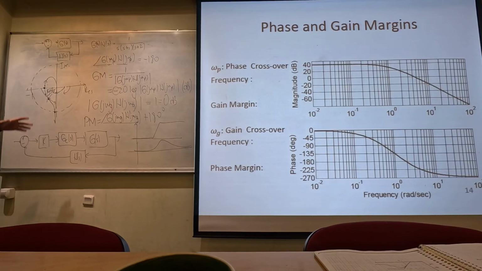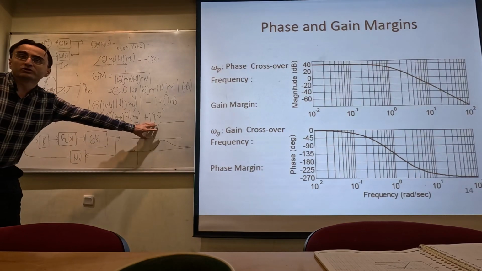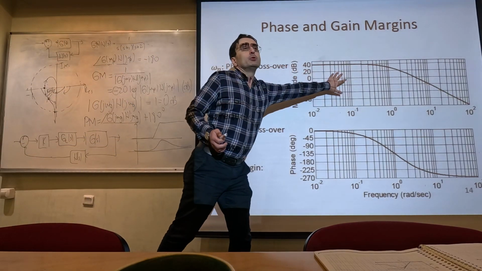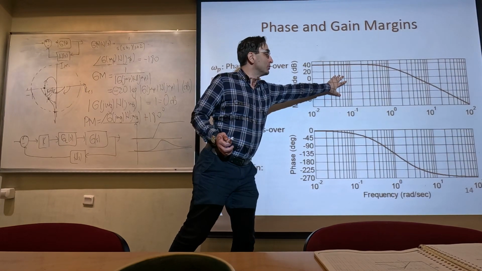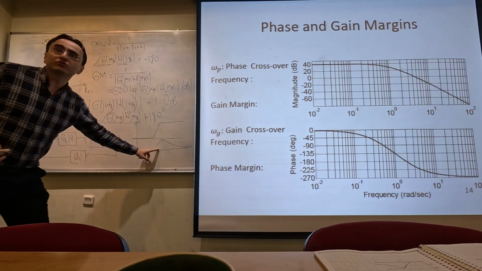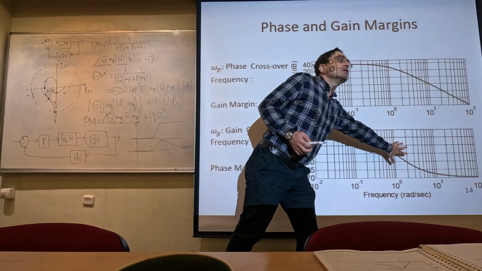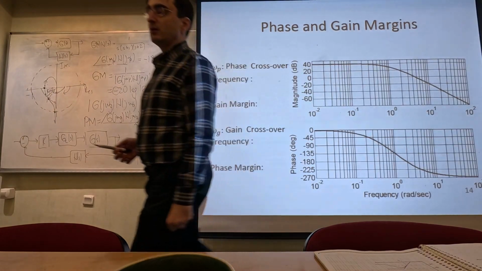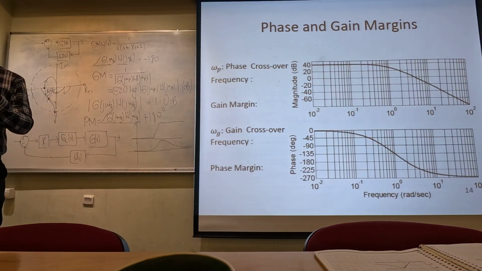And here, for me to be able to draw the overall Bode plot of the open loop system, I am going to add the magnitude plot of the controller Bode plot to the magnitude plot of the actual plant Bode plot. I will add the phase of the controller Bode plot with the phase of the actual plant Bode plot. So everything is going to be added.